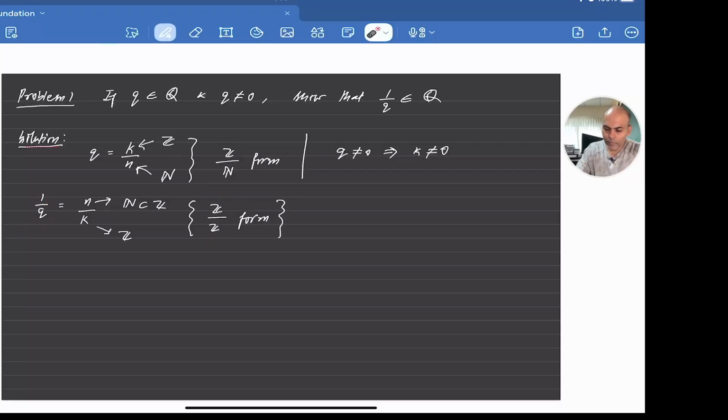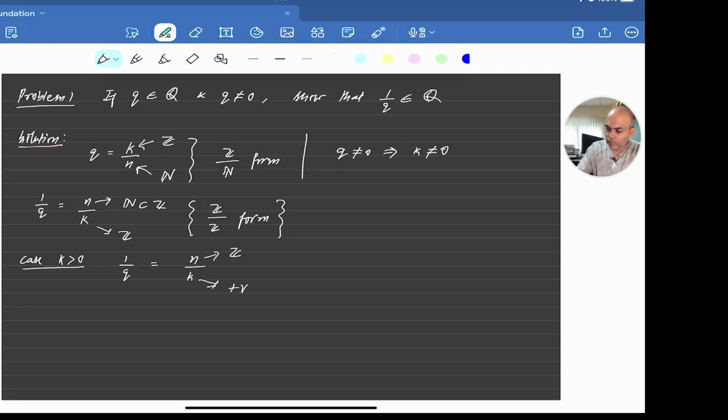Okay, now how can we show that 1 over q is a rational number if it is in the z over z form? So what we can do is we will consider a case when k is positive. So 1 over q becomes n over k, where the numerator is an integer, and since the denominator is positive, it is a positive integer, so this is a natural number.